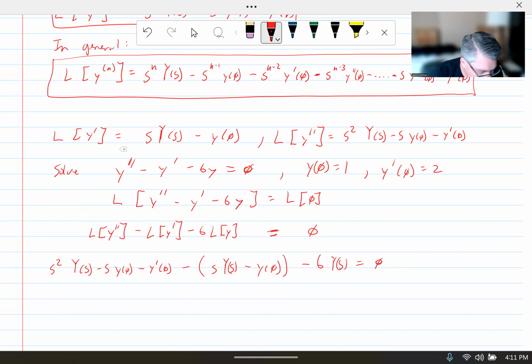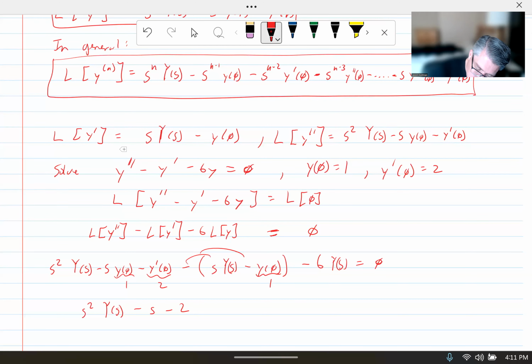Okay, so what I'd like to do is solve for y of S if I can. Let's plug in what we know. We know that y naught is 1 and y prime naught is 2. So I get s squared y of S minus S minus 2.